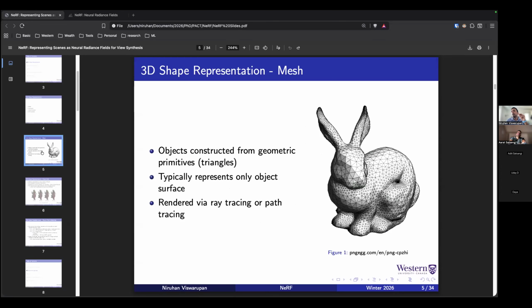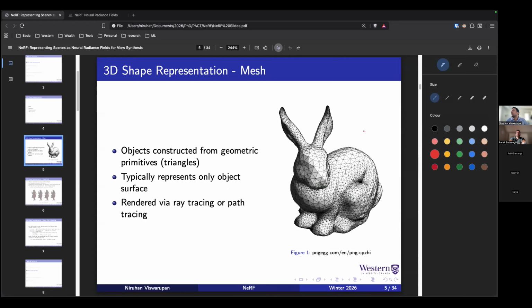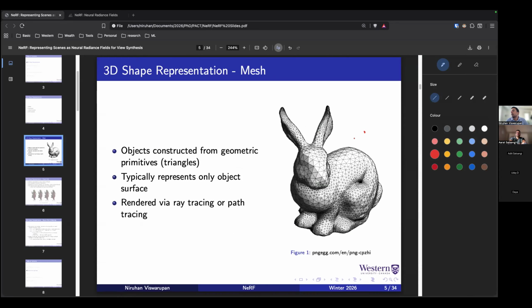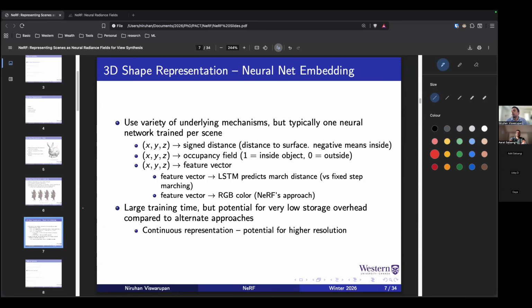If you go back to the rabbit and take a point here, and you train the neural network with that signed distance metric, then it will give the perpendicular distance between that point in space and the point on the surface that has right angles. That is one way of training a neural network to represent 3D space.